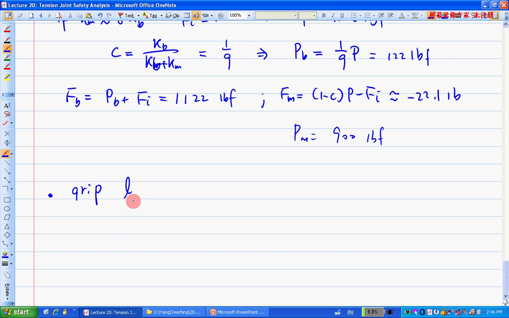So what's the connection between the grip L and the Kb? A longer grip means a smaller stiffness Kb.